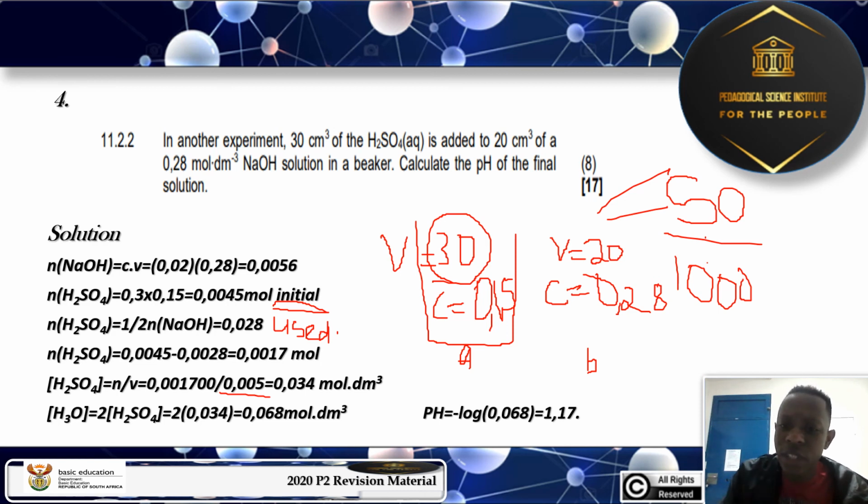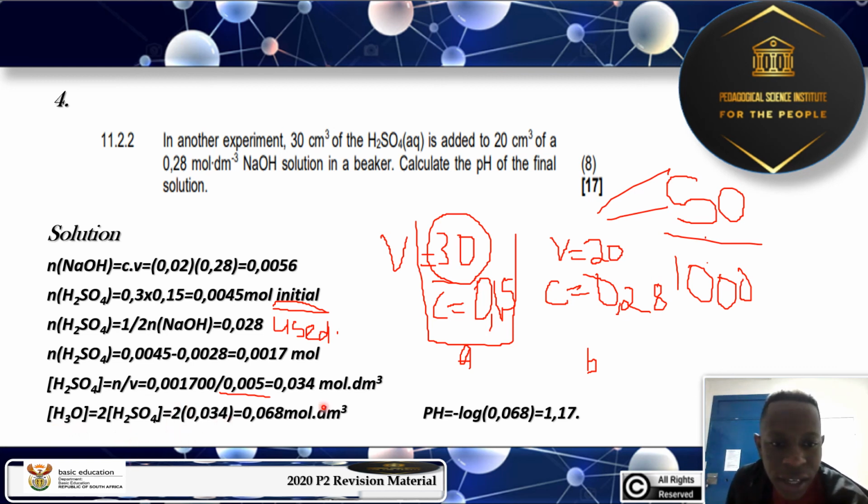As it donates 2 times, we need to multiply that concentration by 2. That is why we say the concentration of H3O is equal to 2 times the concentration of sulfuric acid.